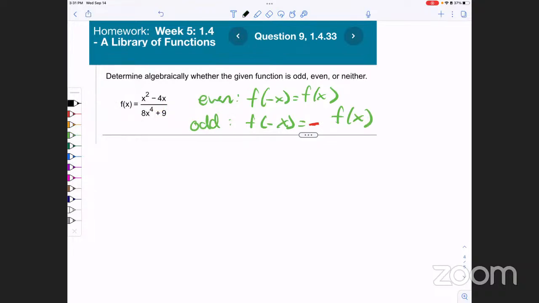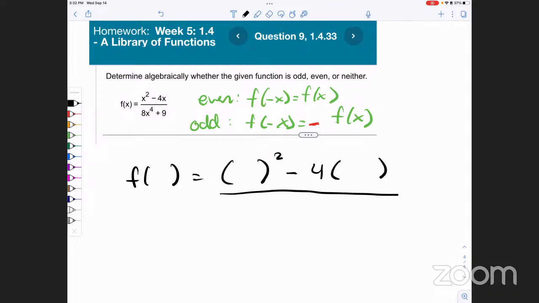So then, like we did with the others, we're going to start by replacing each x with a blank parentheses.